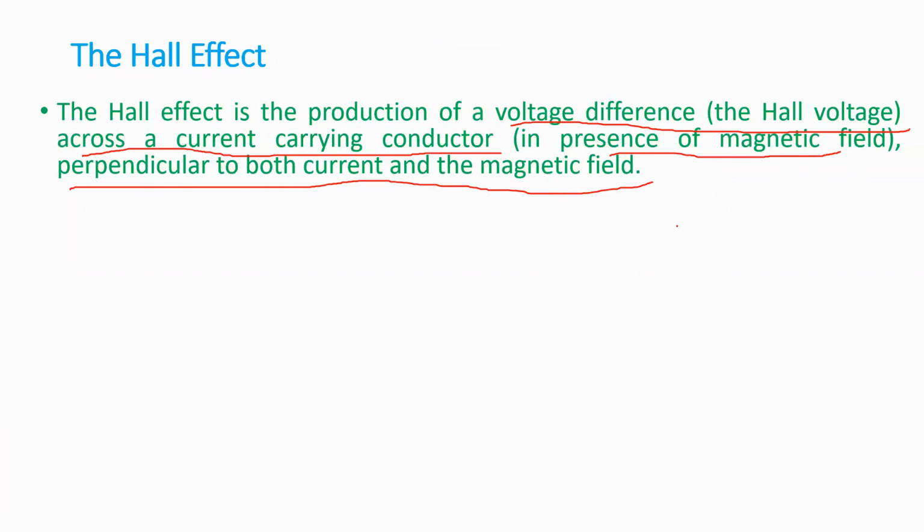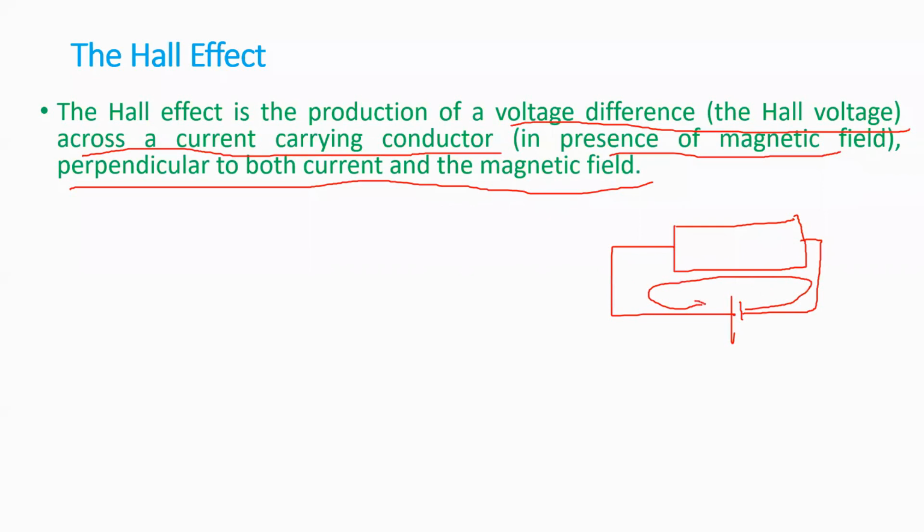That means, suppose you are having a conductor like this, and you have applied a certain potential, then a current will flow in this. Electrons will move like this, and your current is in this direction.